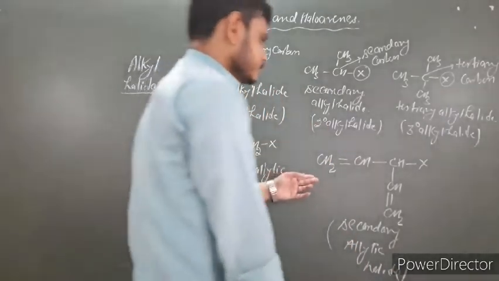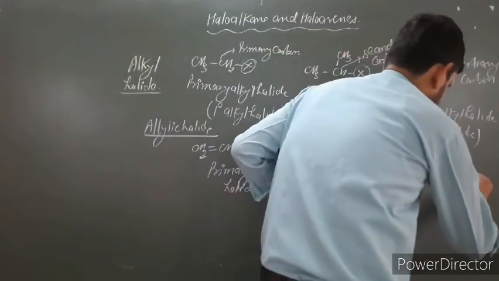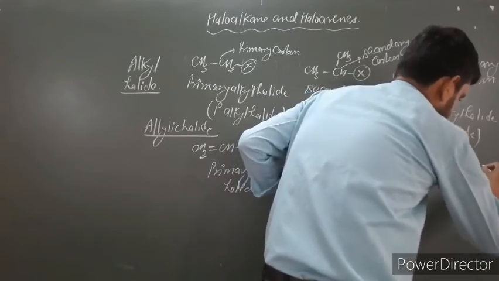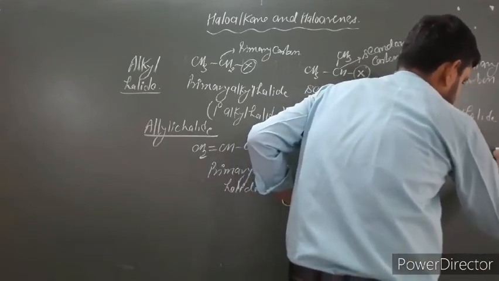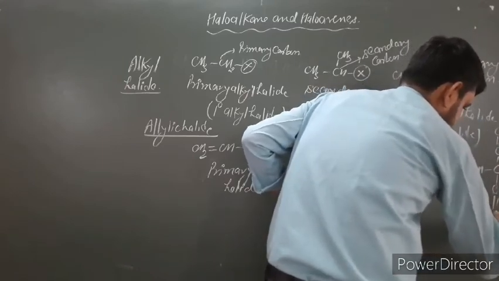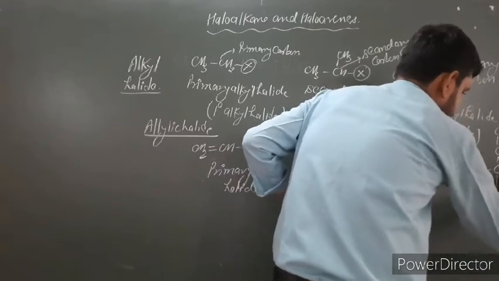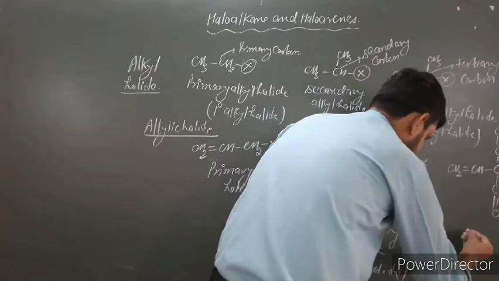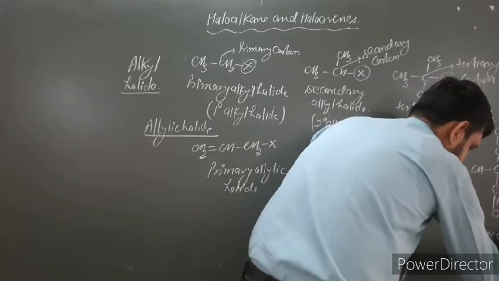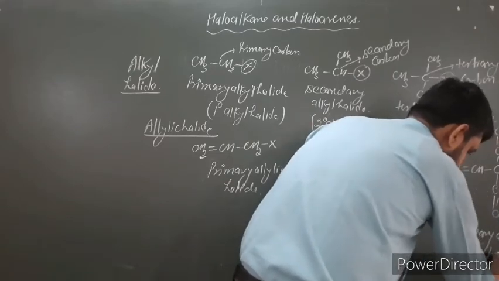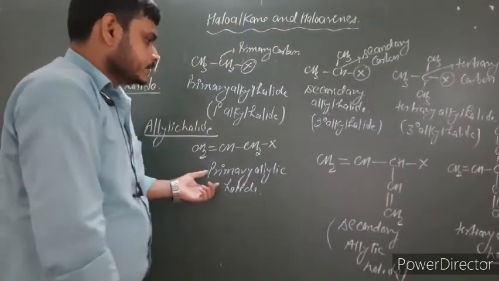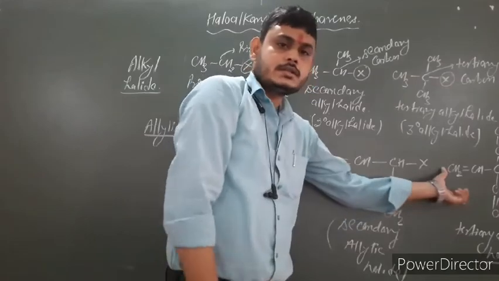Clear? This is the tertiary alkyl halide, sorry, allylic halide. Tertiary allylic halide. Clear? This is the primary allylic halide, this is the secondary allylic halide, or this is the tertiary allylic halide.